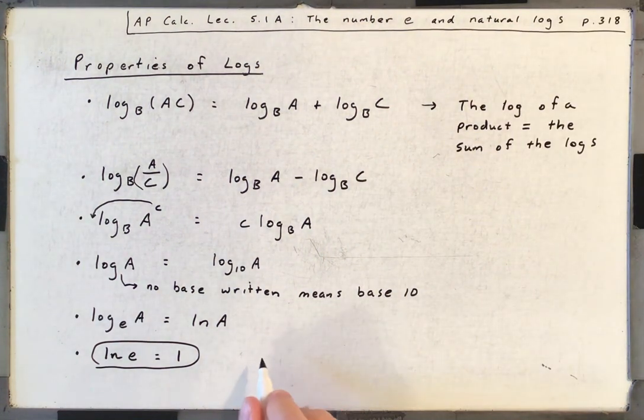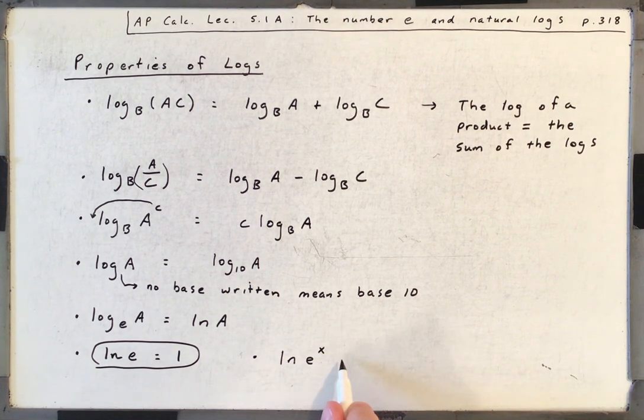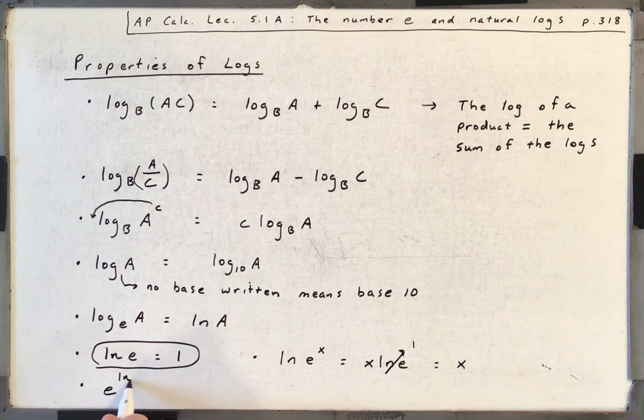So if you have the natural log of e to the x, we can bring that x out front as x times natural log of e, and that's just 1. So natural log of e to the x is the same as x. If you have e to the natural log of x, that's also just equal to x.